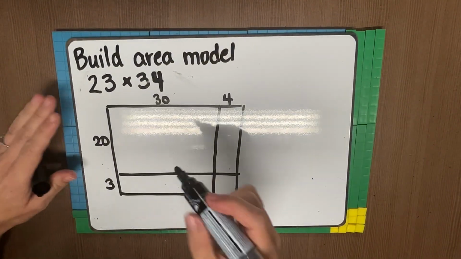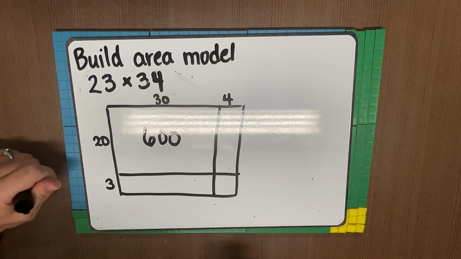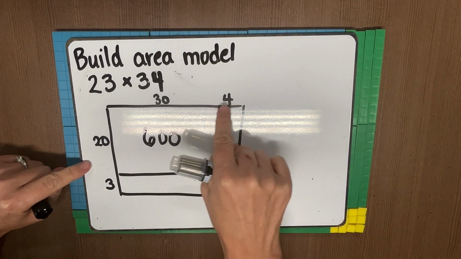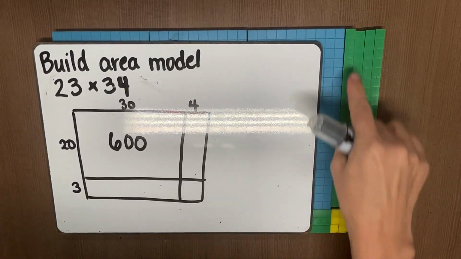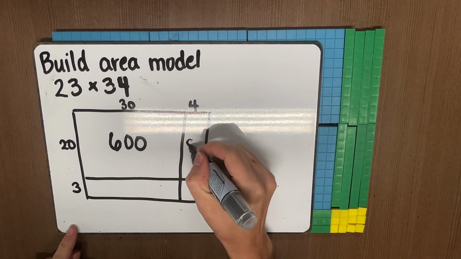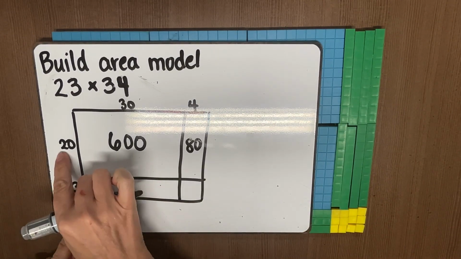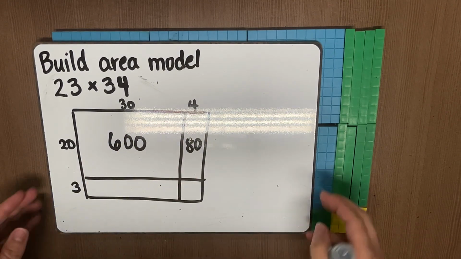Sometimes thinking small is a great way to solve larger problems. Then I have 20 by 4, and if I look over here, 20 by 4, I have 40, and 40 is 80. And I can think small. 2 times 4 is 8, so 20 times 4 is 80.